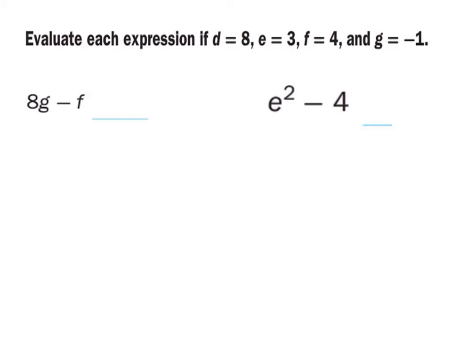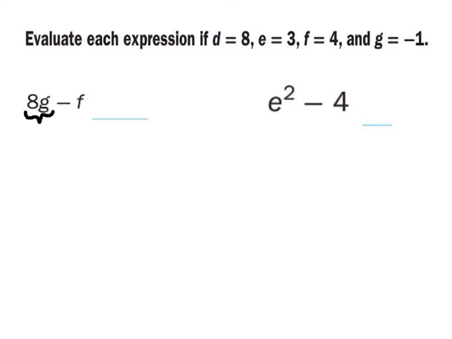These are very similar to examples that we've already done. Hopefully you guys remember these, right? So all we're going to do is take the letters I know and replace them with their actual values. For example, on this one, also I need to point this out. If you see something like this, what operation is between the 8 and the G?